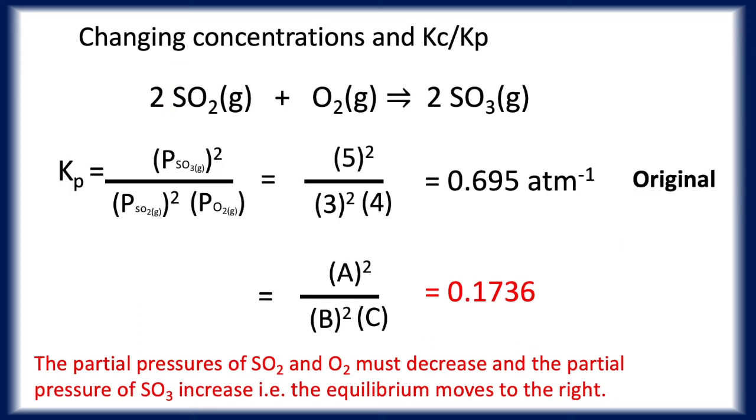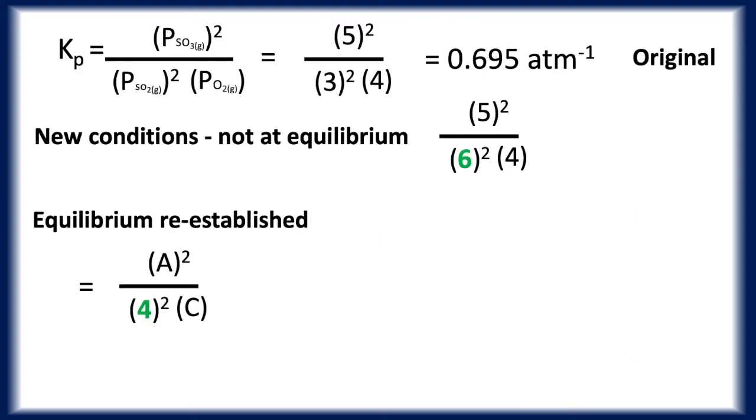So we can have a look at this in a little bit more detail. So again, there's my original Kp, and I now need to find a new Kp, need to change those partial pressures so that I can get back up to 0.695. So, there's a reminder of my new conditions. They're not at equilibrium because I've increased my partial pressure of SO2 significantly, but the SO3 and O2 haven't changed.